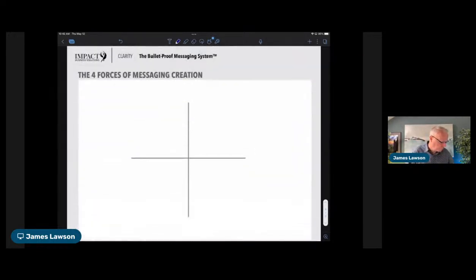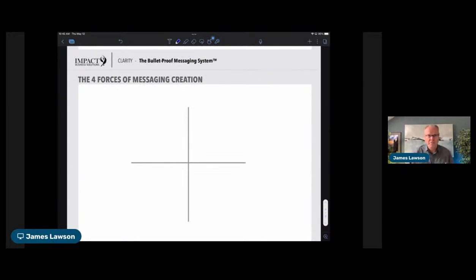Now, you've probably seen this before, but it's worth going over. There are 4 psychological drivers that are going to be in congruence with your prospect.